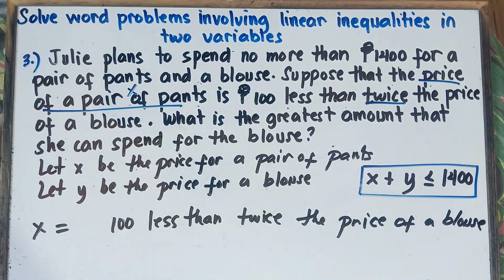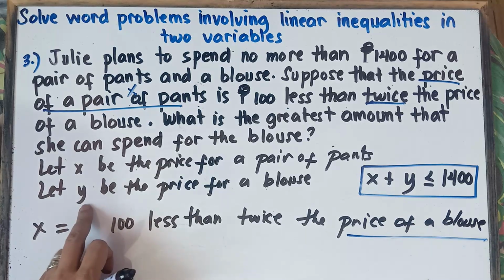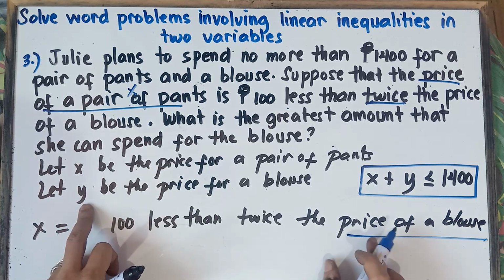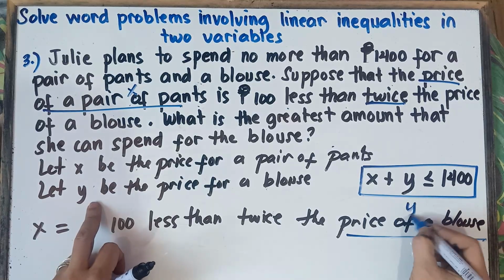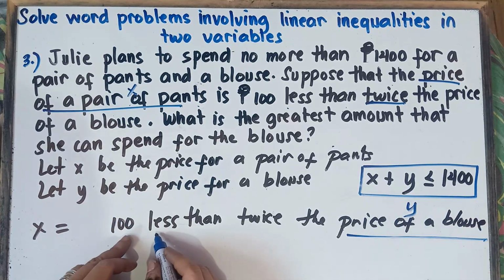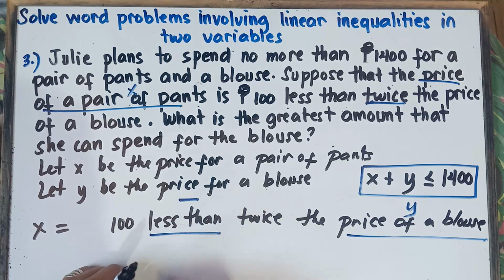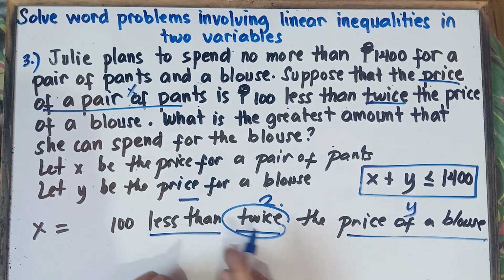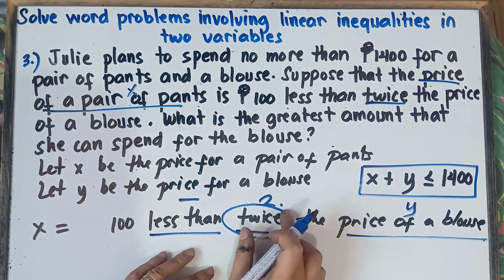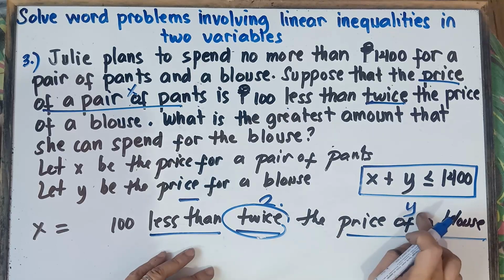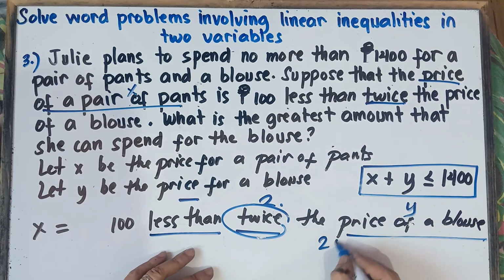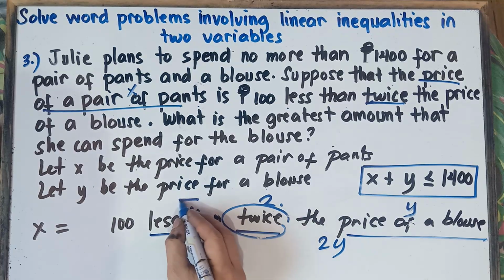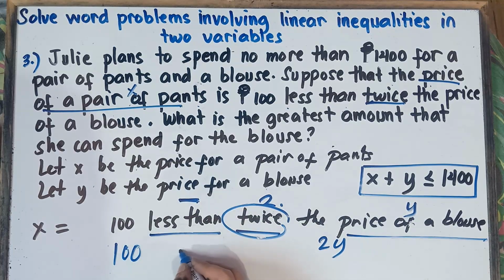Once again, the price of a blouse, we let this one as Y. Less than, there will be a minus sign. Twice means 2 times. If you have this word twice, it means 2 times. 2 times the price of the blouse, Y, so this will be 2Y. Less than, there will be a minus sign, 100, and then minus 2Y.